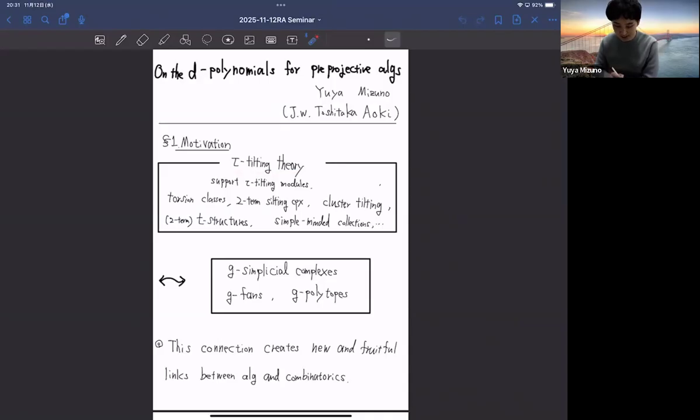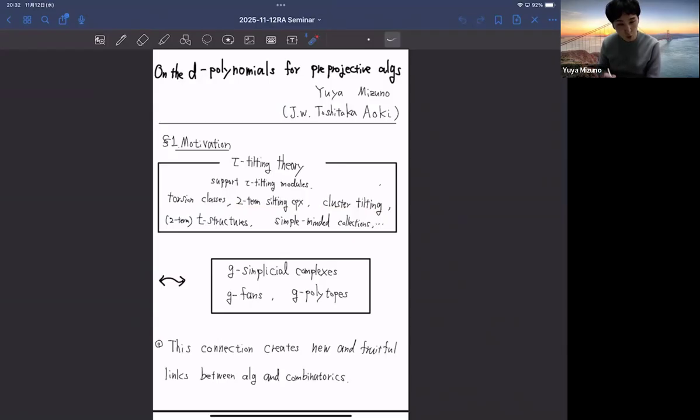More precisely, tau tilting theory provides a unified framework for studying various objects such as support tau tilting modules, torsion classes, two-term tilting complexes, and cluster tilting objects, and so on. And under certain nice conditions, it is known these different objects are in one-to-one correspondence with each other.